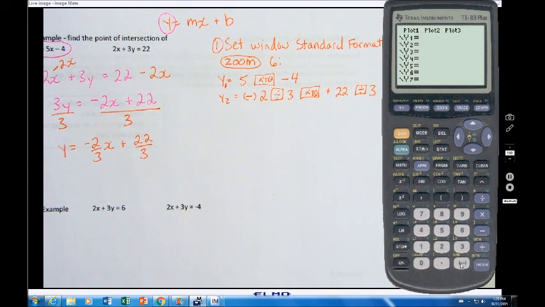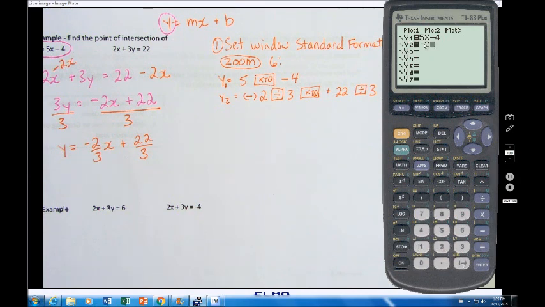So here we have the first equation is 5x minus 4. Make sure you use the minus sign, not the negative sign, minus 4. And then the next equation is negative, make sure you use this button down here, negative 2.